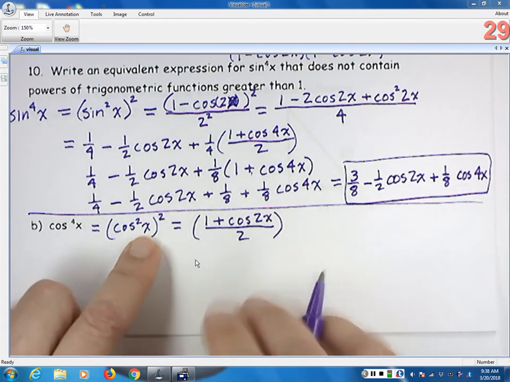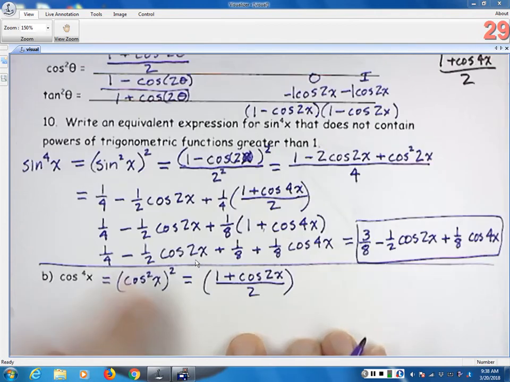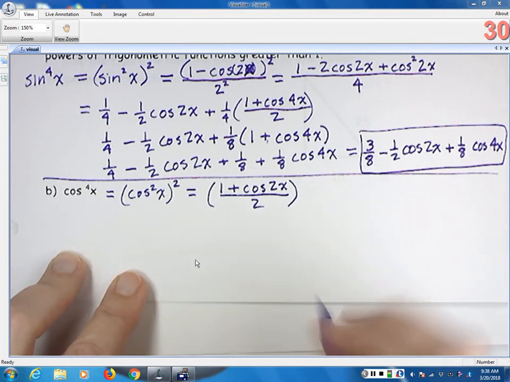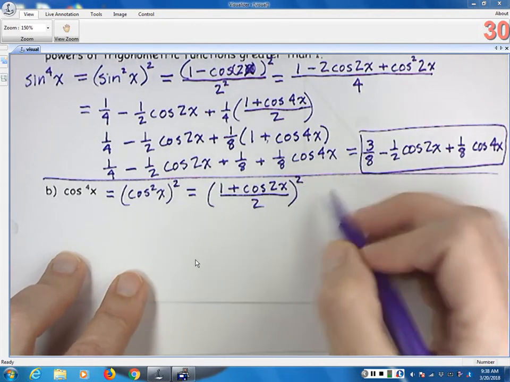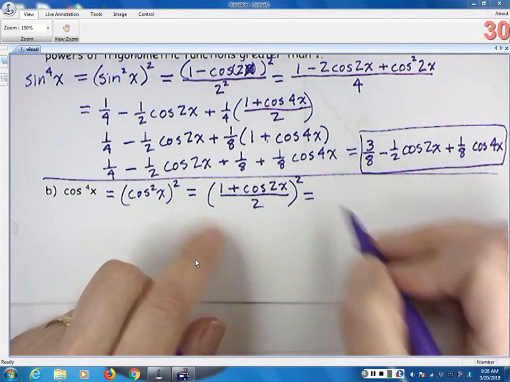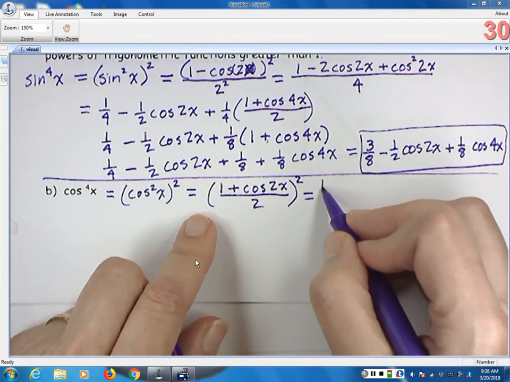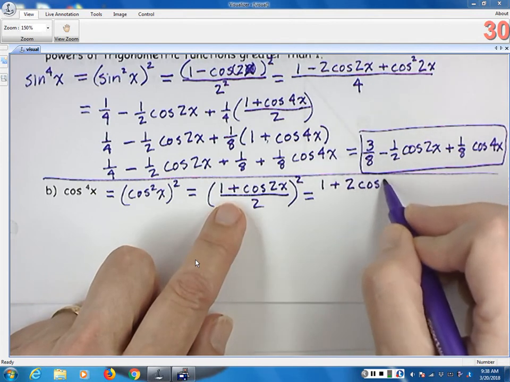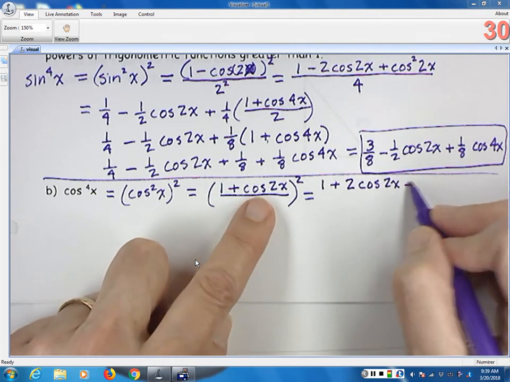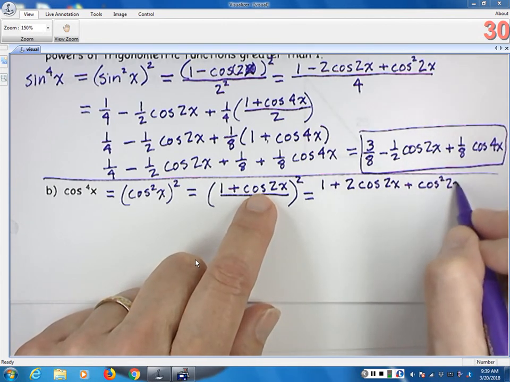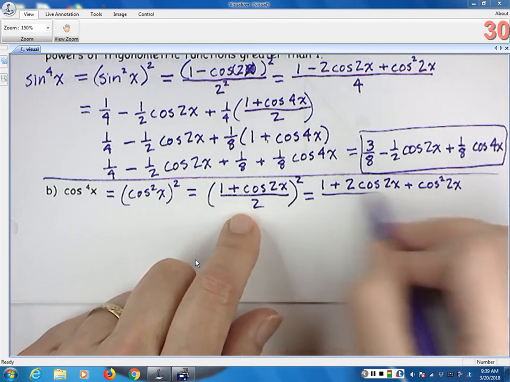We got an x instead of a theta, so just replace there. Okay? And that has to be squared. So when you square this, you're going to get 1 plus 2 times the middle term plus the last term, cosine squared 2x. When you square the denominator, you're going to get 4.